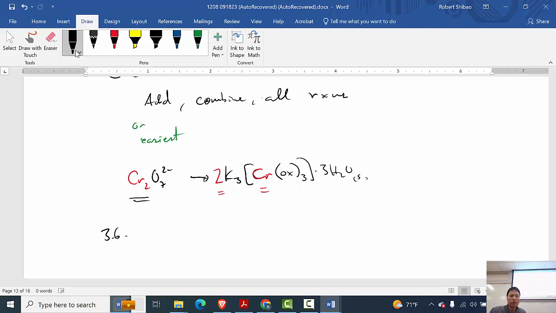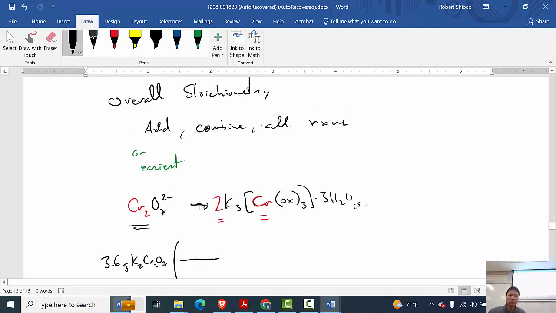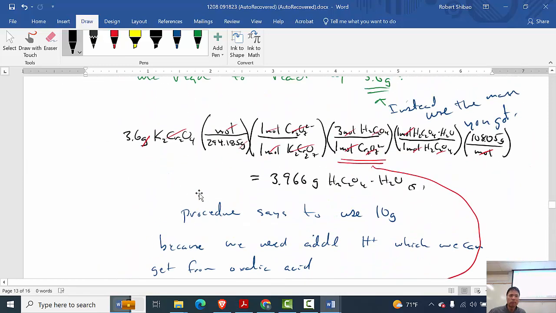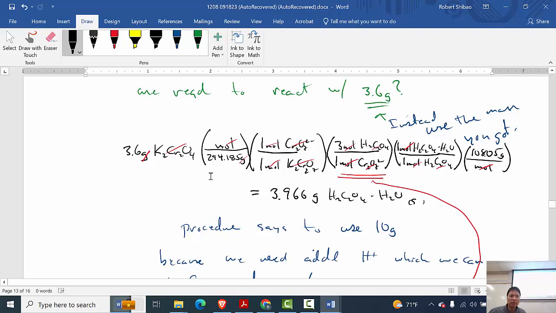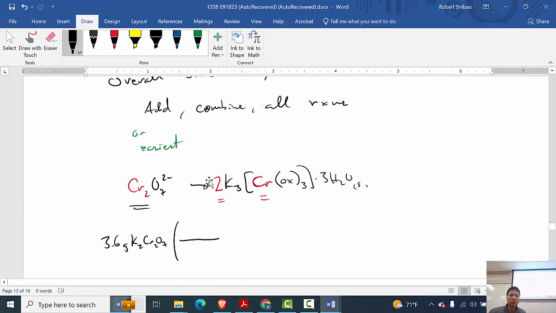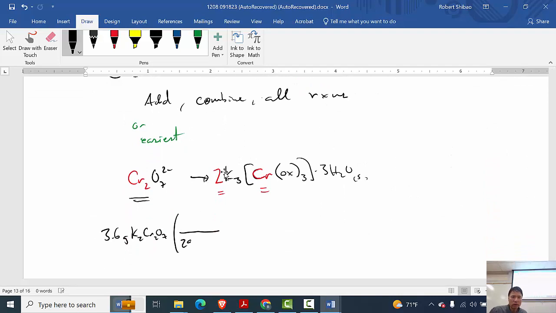And so now I can just do the stoichiometry. 3.6 grams of potassium dichromate. This is the anhydrous. And then convert that to moles. The molar mass was 294.185 grams per mole.